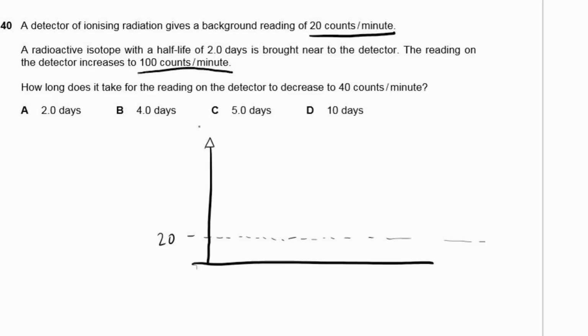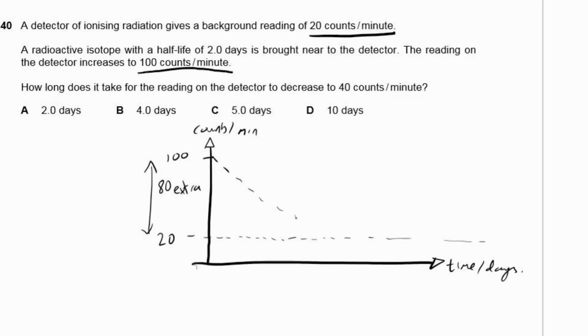This would be counts up here per minute, and this would just be time, days I think. Yeah, that's what the half-life is. We get a background count of 20 regardless, and we bring this radioactive isotope in and we get 100, which is an extra 80.